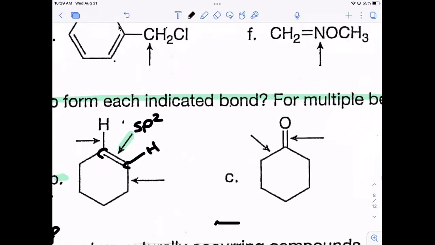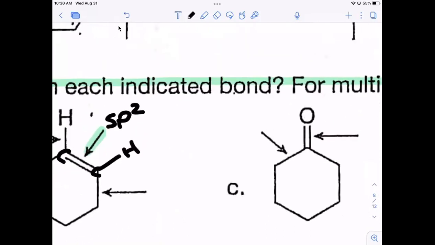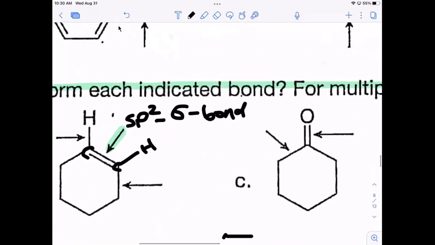Every double bond is one sigma and one pi. Okay. So for the sigma bond, what's the overlap? What types of orbitals are overlapping? Is it the hybrids or is it the unhybridized orbitals? Because remember, for sp2, you have 3 hybrids and you have 1 unhybridized p orbital. Is that right?